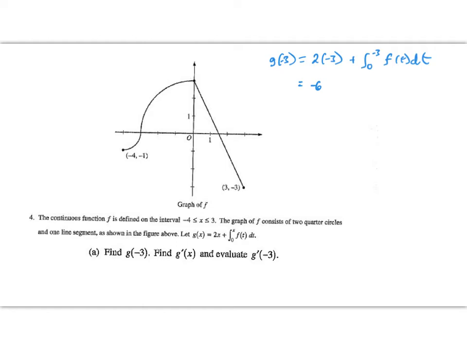So maybe we flip the limits of integration, using one of my properties of integrals. And now if I'm looking at this part right here, the definite integral from -3 to 0, remember that's the area under the curve.